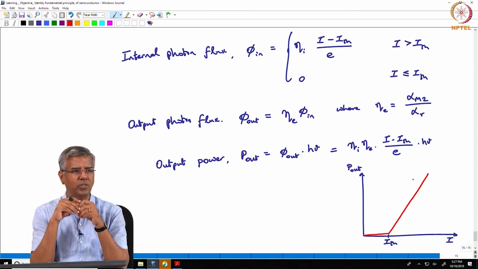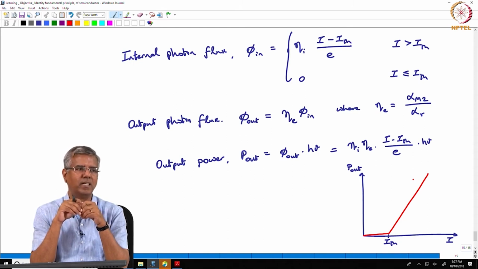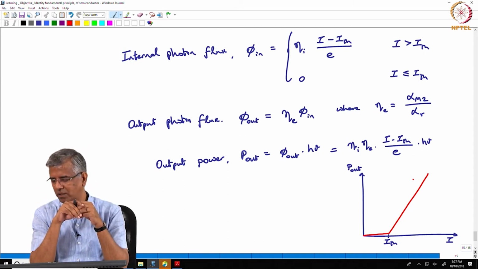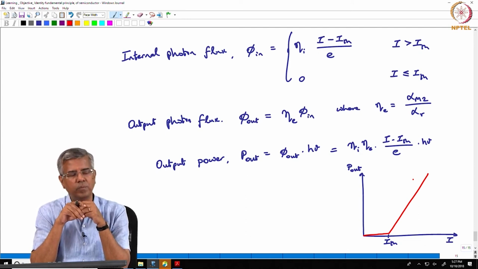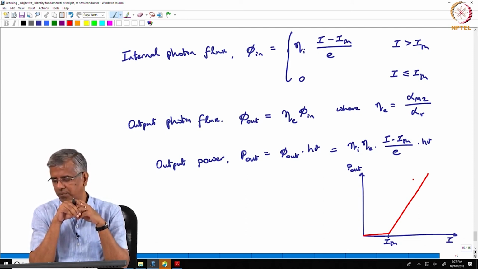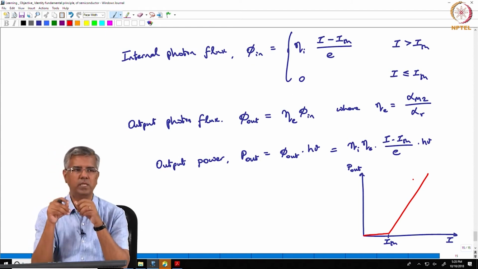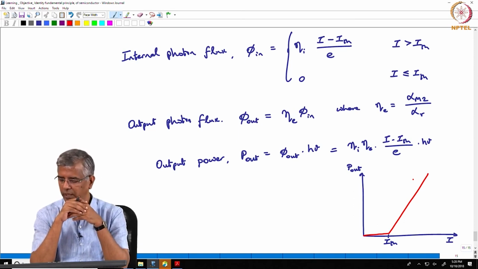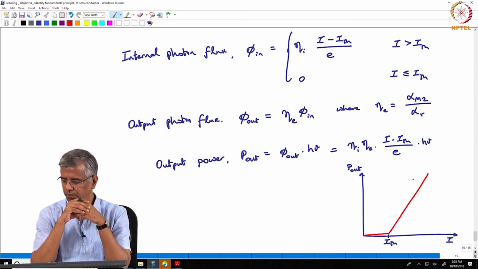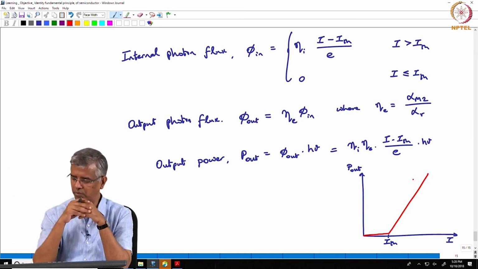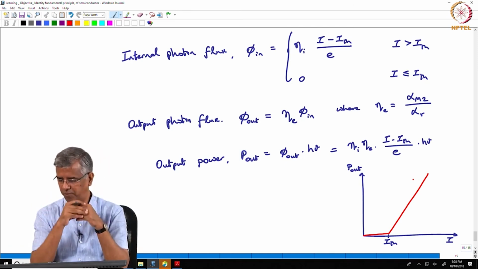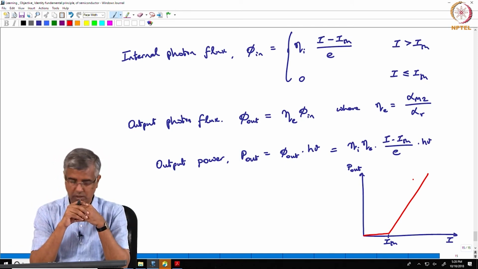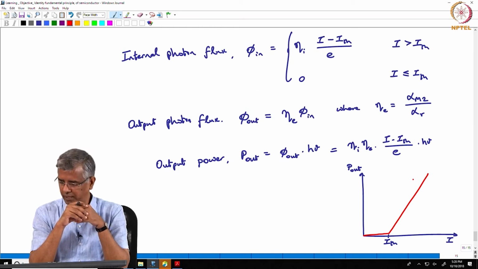Where is 980 useful? Pump diodes for your amplifiers. We saw with your erbium or even ytterbium also has gain around 980 nanometers. So, you can use these lasers to pump other lasers. Okay. And then so on, 1.3 micron, 1.5 micron, these are all useful for communication applications.